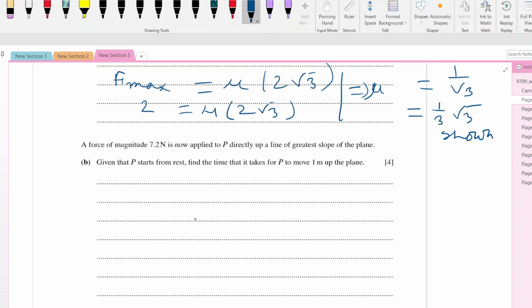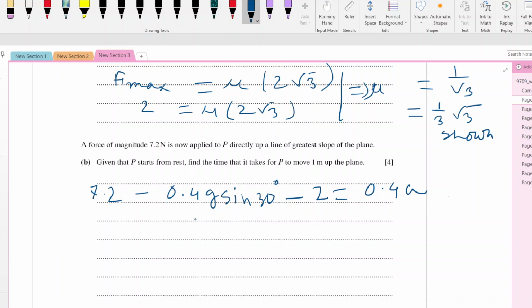Now consider 7.2 minus 0.4 g sine 30 degrees minus F max, which is 2, equals m a, 0.4 into a. I have applied Newton's second law here.